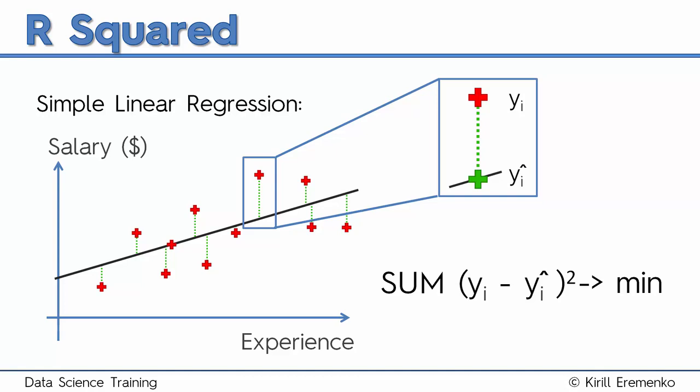And we're looking at that difference. We're squaring it. We're summing it for all of the observations we have. And then the line that has the smallest sum will be the best fitting line, or will be the simple linear regression model.